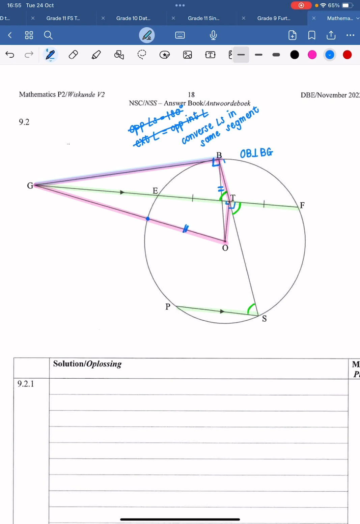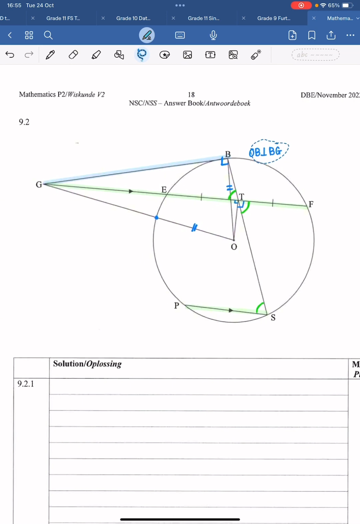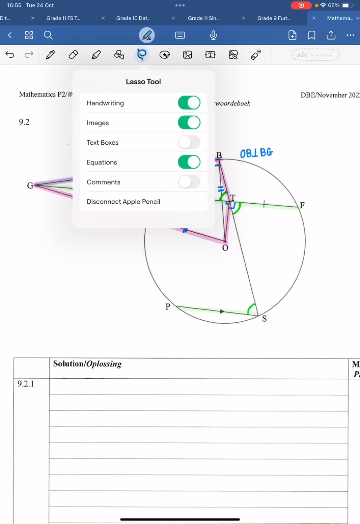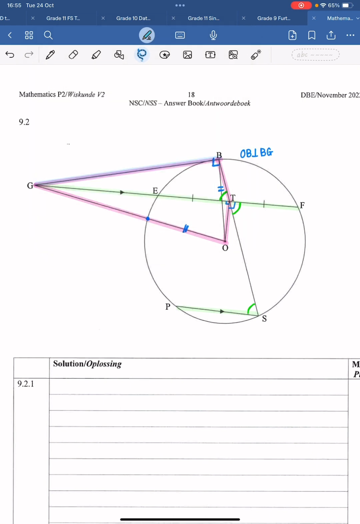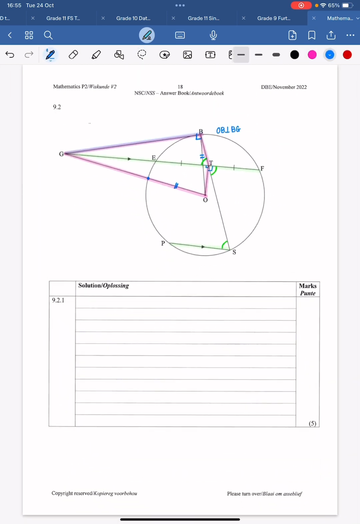And if all 4 of these points, like I said, are on the circumference, let me see if I can quickly draw in a circle so that you guys can see. Let me quickly take that away. Oh dear. Okay, that's not going to work. Let me quickly see if I can draw a circle through these points. It's going to have to be a big circle.